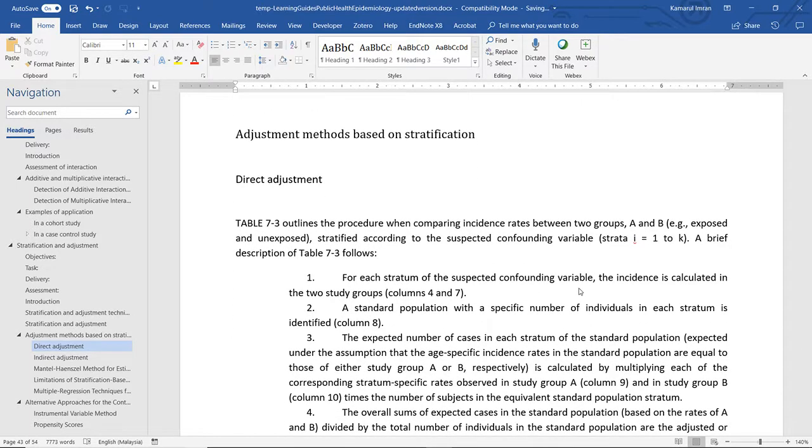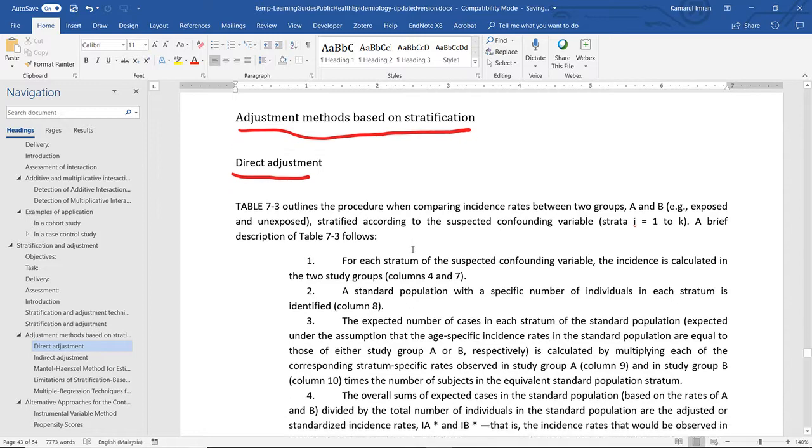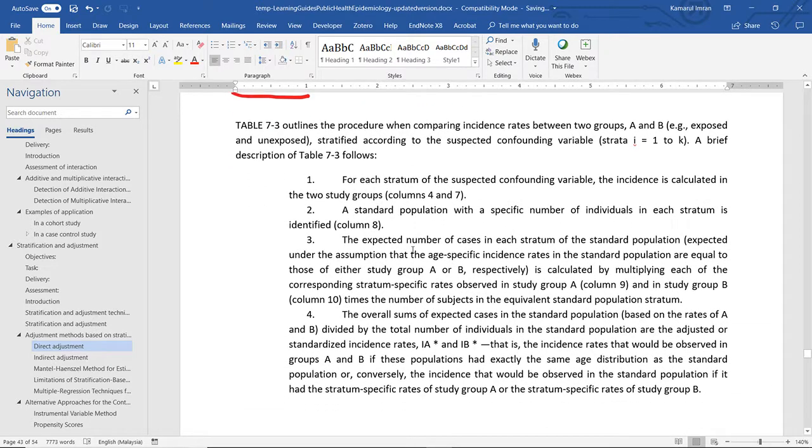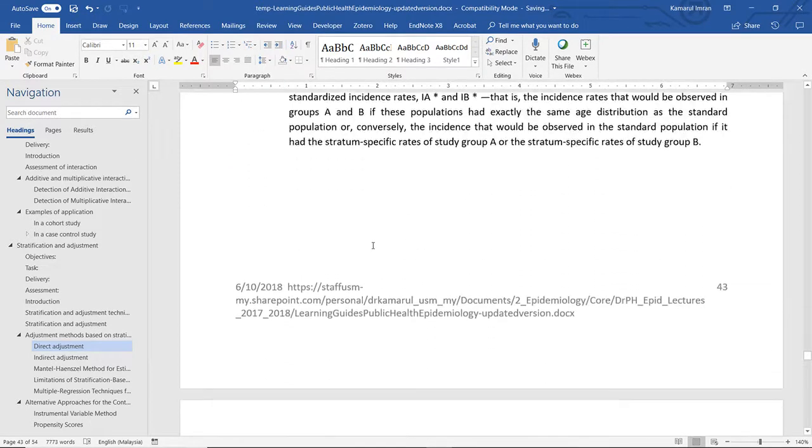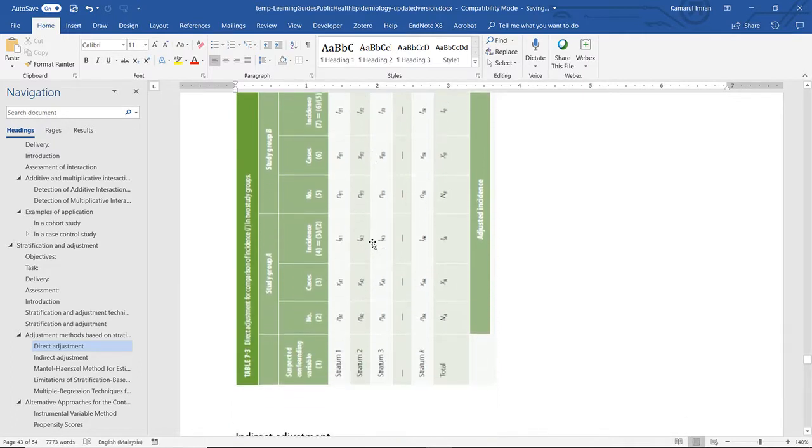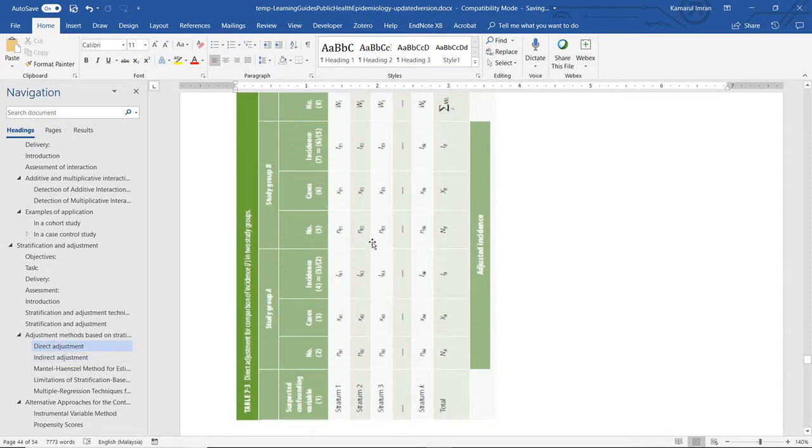So now we look at the adjustment methods based on stratification. We have direct adjustment and we have indirect adjustment. If you look at table 7.3, this is a direct adjustment.